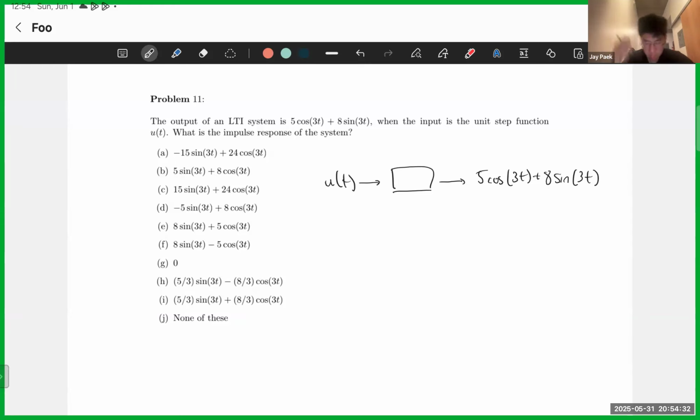Well, the Fourier transform of u of t is, what was it? I believe it's just 1 over j omega, if I'm not wrong.